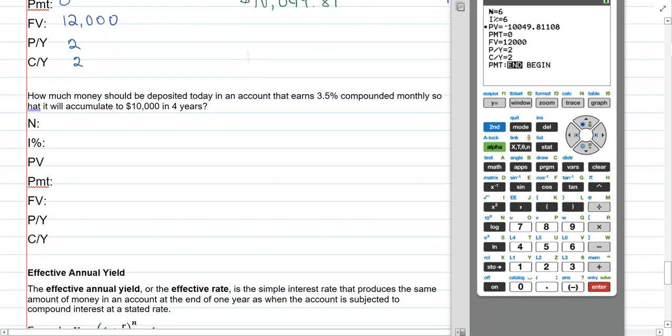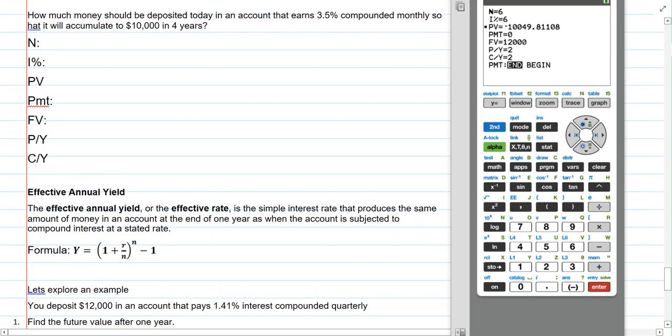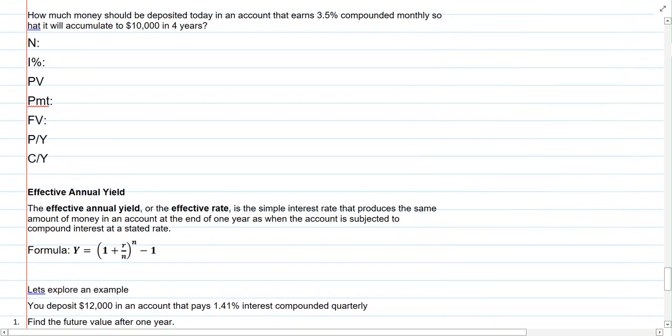Okay, let's do another one, see what we're doing. Let me put that up. How much money should be deposited today? All right. So we want our present value, the amount we deposit.